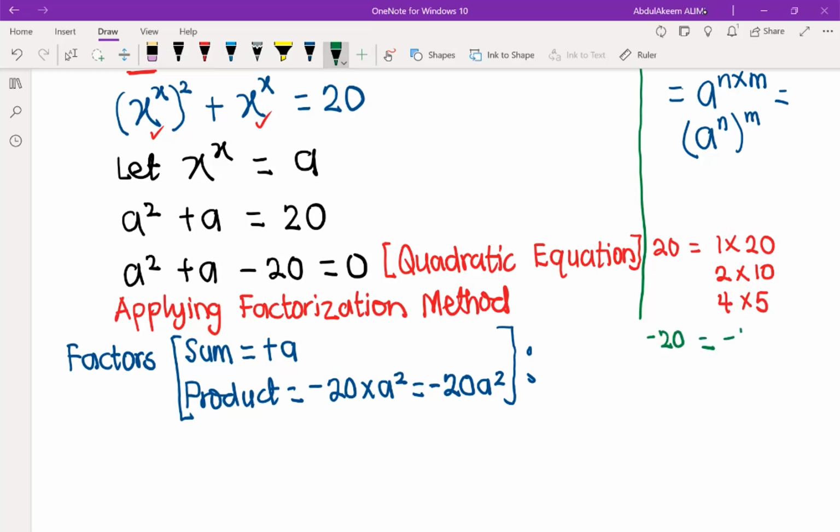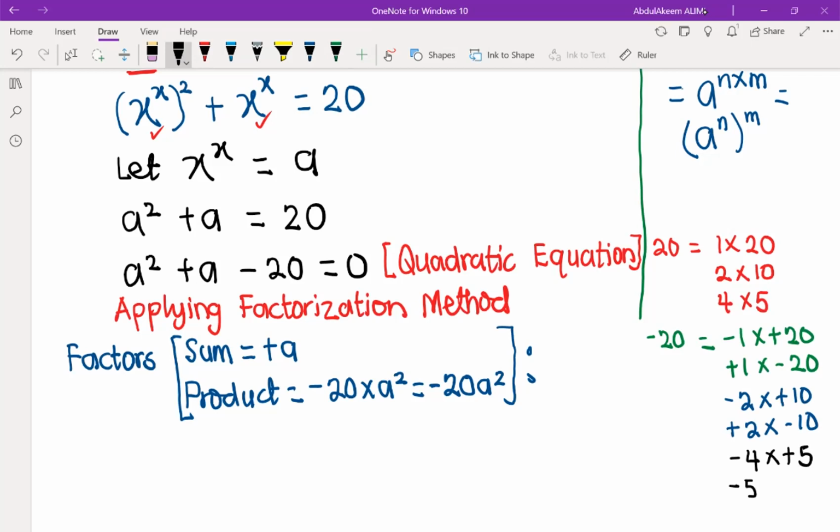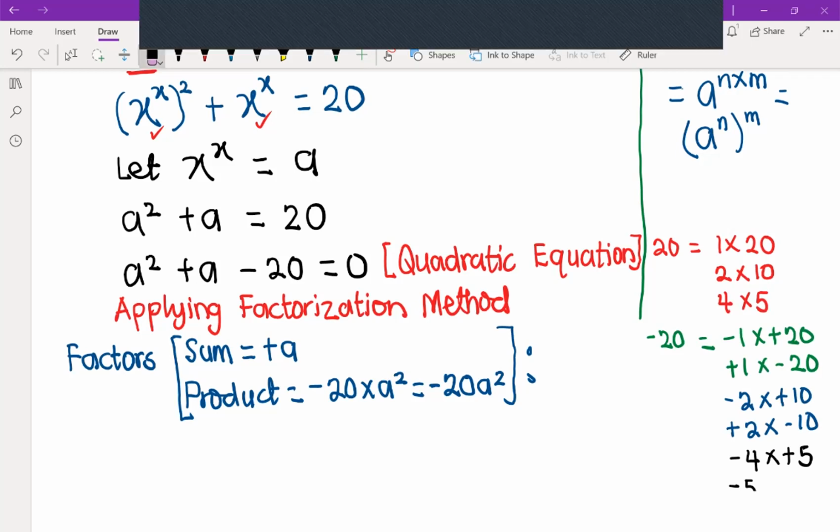I can have minus 1 times plus 20, plus 1 times minus 20, minus 2 times plus 10, plus 2 times minus 10. And the last ones, I can have minus 4 times plus 5, and plus 4 times minus 5.